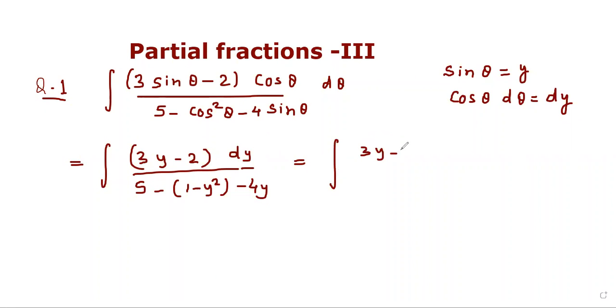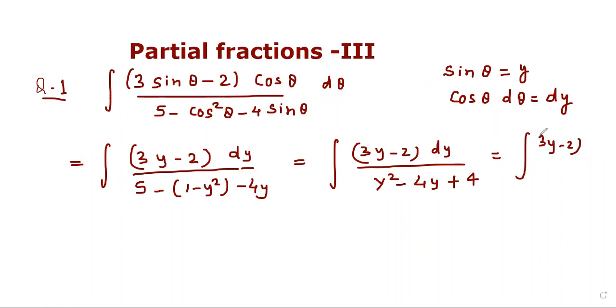It becomes (3y minus 2) dy divided by, if we open the bracket, minus 1 plus y square minus 4y. 5 minus 1 is 4, so it will become y square minus 4y plus 4. Now we factorize it, so it will become (3y minus 2) dy divided by (y minus 2) whole square.